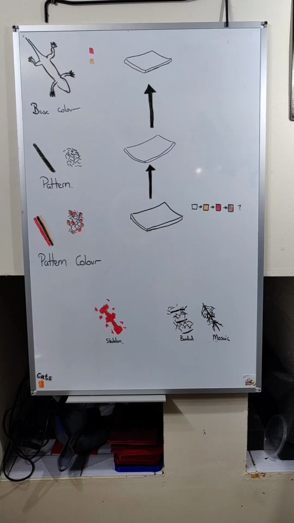Extreme examples of this are skeletons. Down here I've got a diagram of a skeleton. I think, and I know other people think this too, that a skeleton is a pattern colour anomaly where it displays both stripe and blotch. Then it blotches out into the stripe and you end up with this skeleton style pattern. Pattern colour.